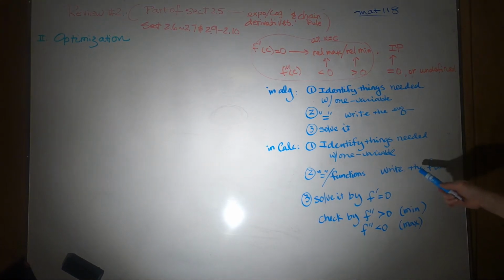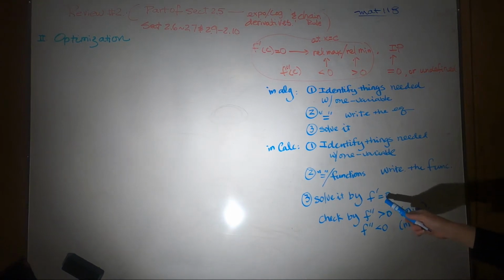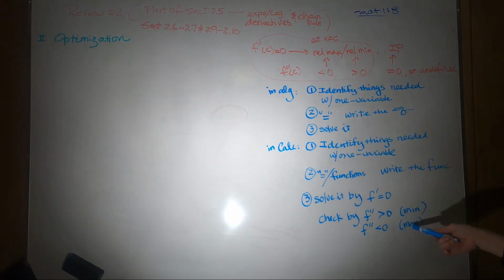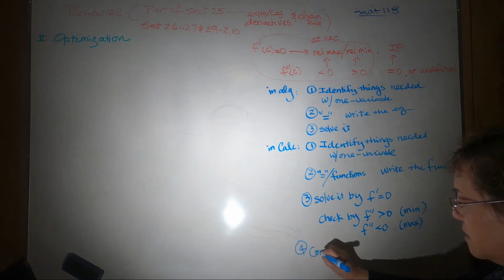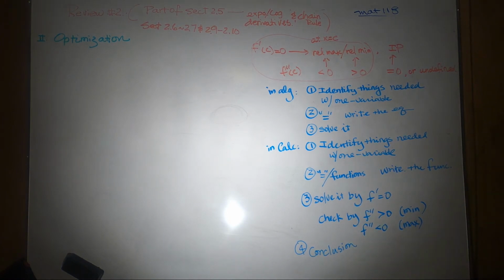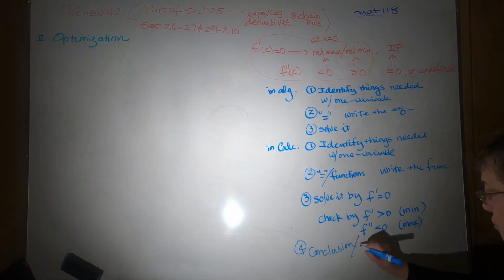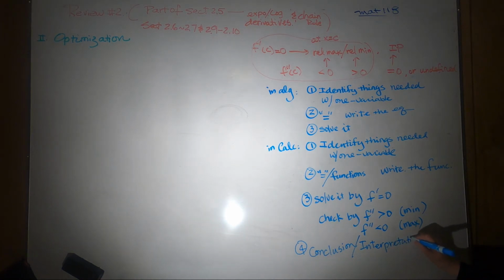Then according to the conditions given, you solve by f prime equals 0, then you check. Then next, usually we will have a conclusion, or interpretation to figure out what we are doing, right?